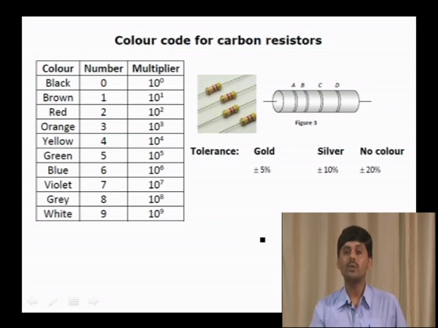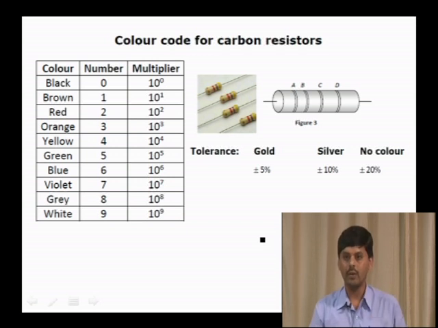Before that, one must know the list of colors followed by the numbers: black 0, brown 1, red 2, orange 3, yellow 4, green 5, blue 6, violet 7, grey 8 and white 9, followed by the multiplier.